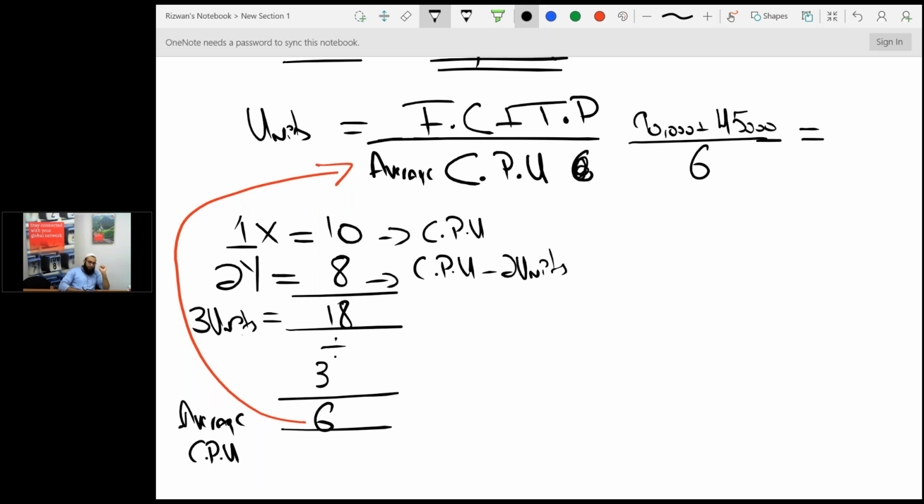So if you work this out, you will get the answer of 22,500 units. These are the units that, if the company successfully sells, it will cover its fixed cost and also earn a target profit of 45,000.